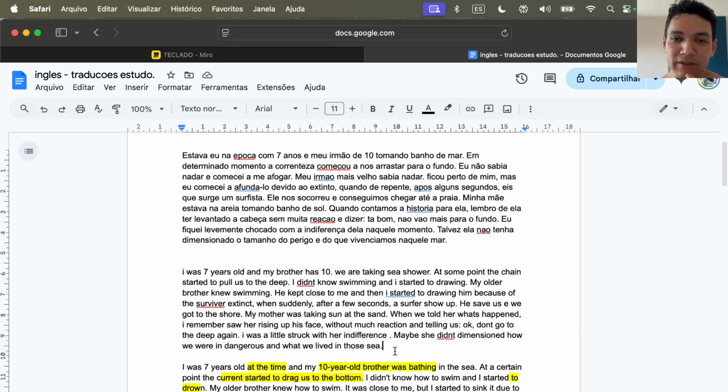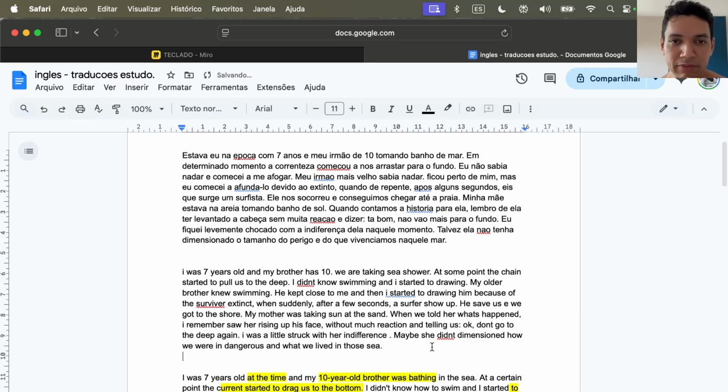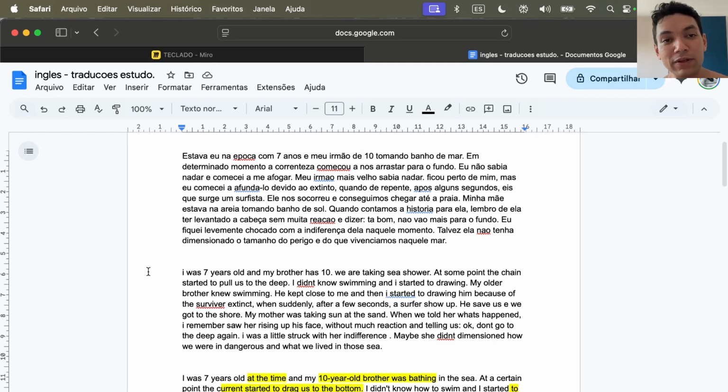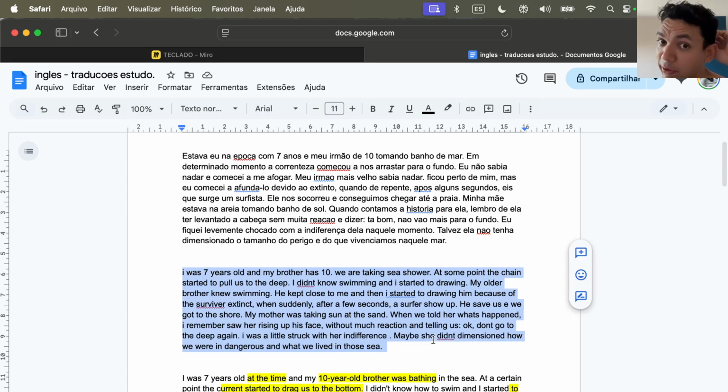So the text tends to be more simple. So that's the reason you need to first type in your mother language, because the history will have more words, and then you will try to translate the history in your own words.